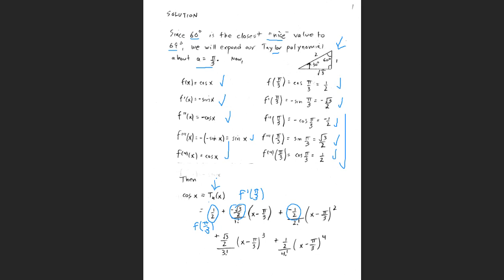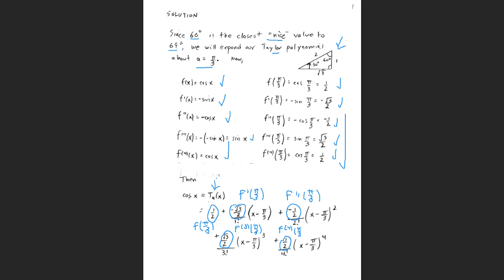Negative 1/2 is f double prime at pi over 3. Root 3 over 2 is the third derivative evaluated at pi over 3. And then the 1/2 is the fourth derivative evaluated at pi over 3.